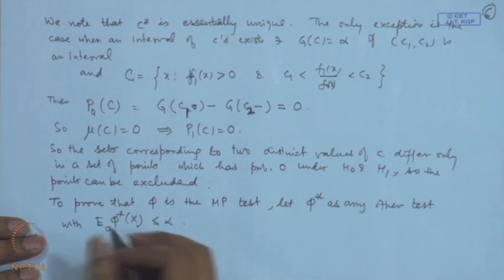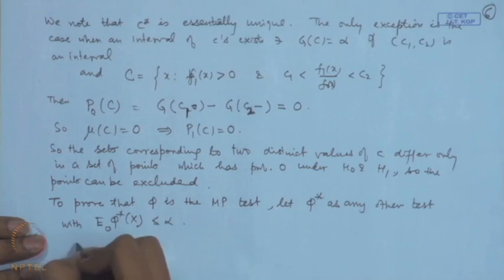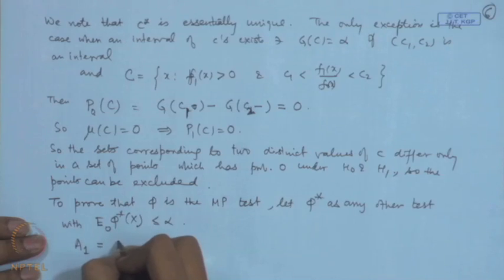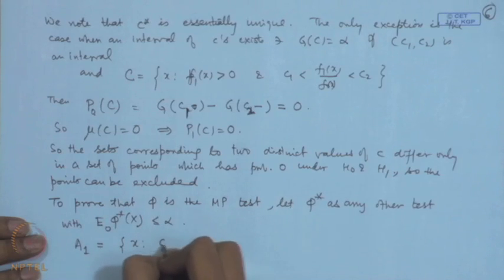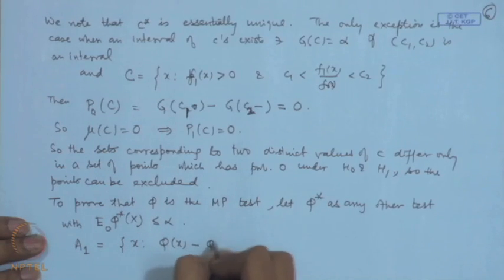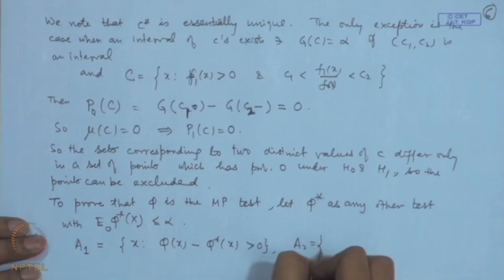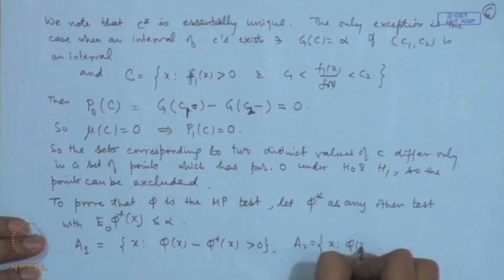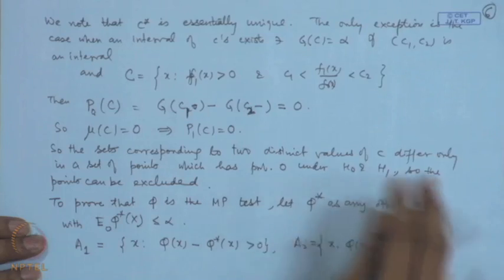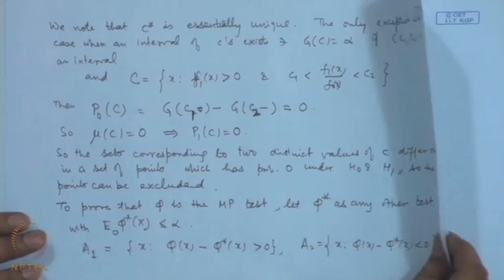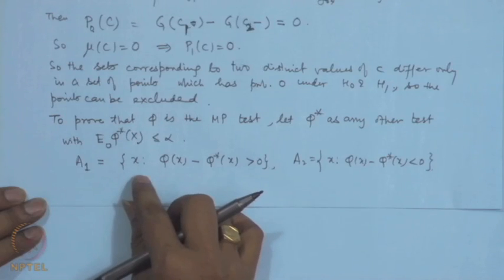Now, let us consider the two sets, say A1 as the set of all those points such that phi minus phi star is positive, and say A2 is the set such that phi x minus phi star is less than 0. Now, note here the way the sets are defined.